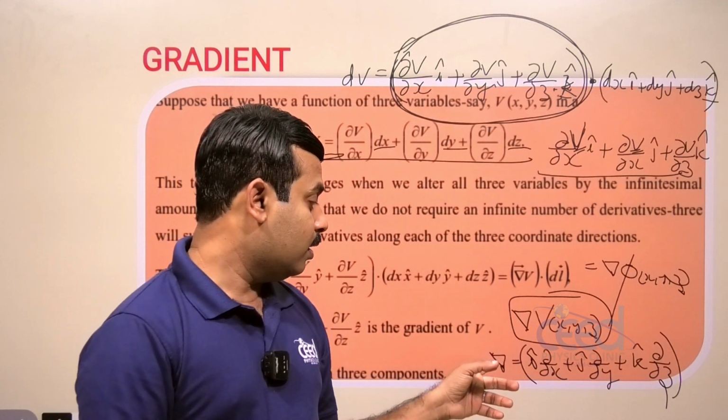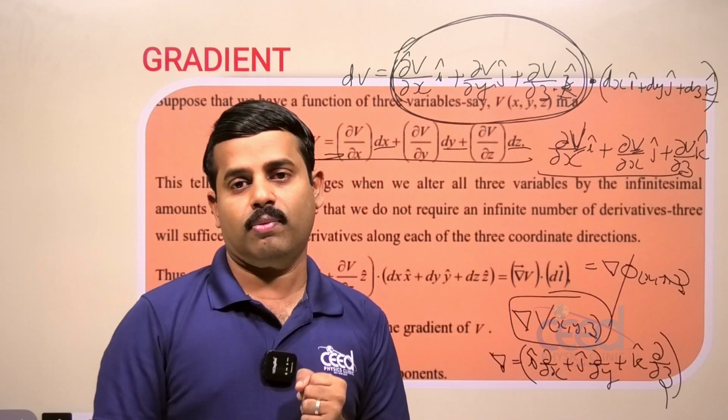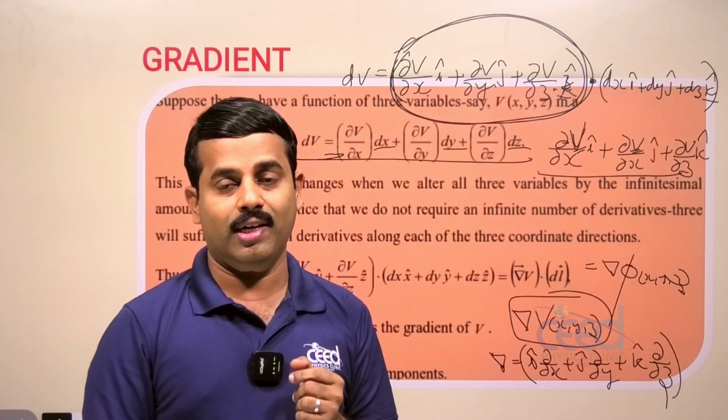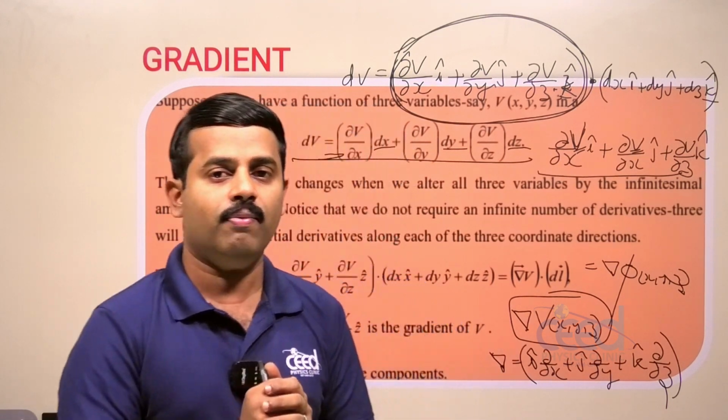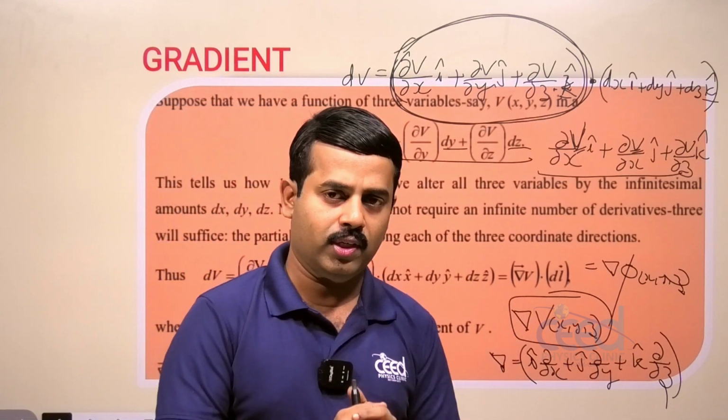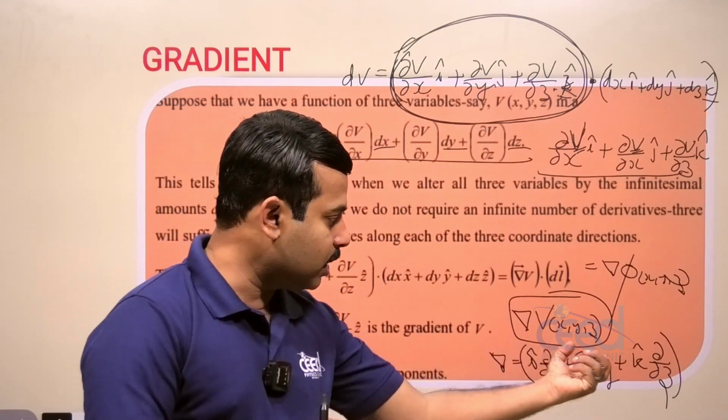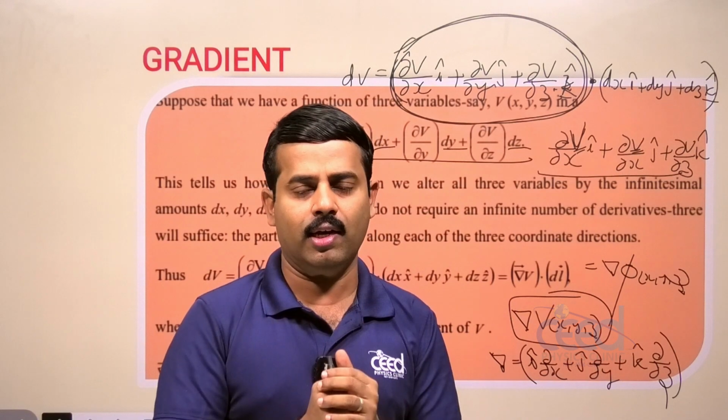That is the use of this particular operator, gradient, del. When you apply it to a function, we say the gradient of that particular function. This operator itself we call del.